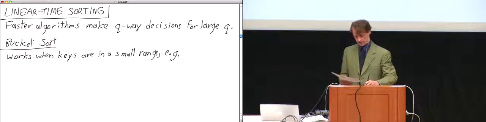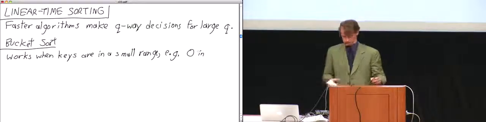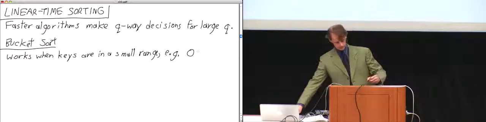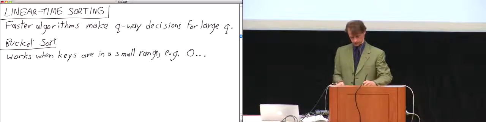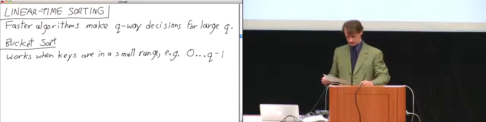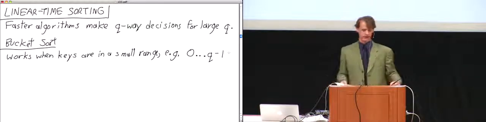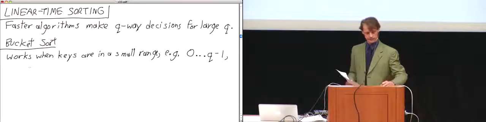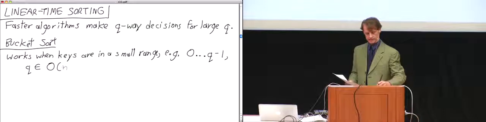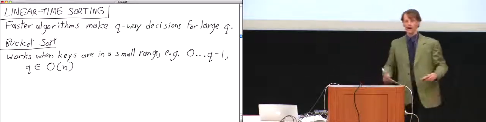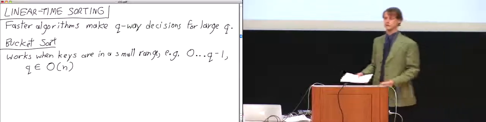For instance, let's suppose all of the keys that we want to sort are integers in the range 0 to q minus 1 for some number q that's not horribly large. Specifically, we will assume that the number of possible keys is in big O of the actual number of keys we want to sort.